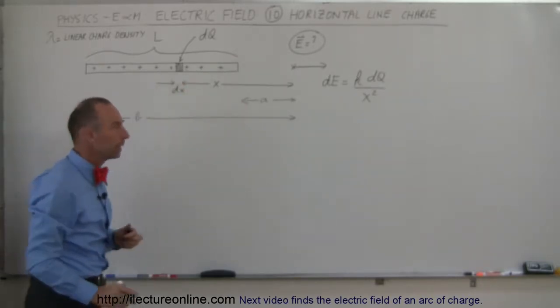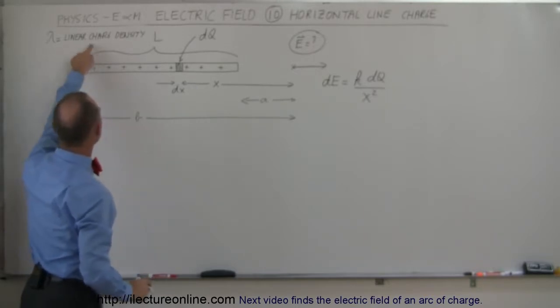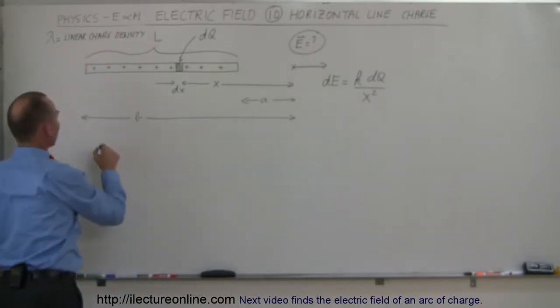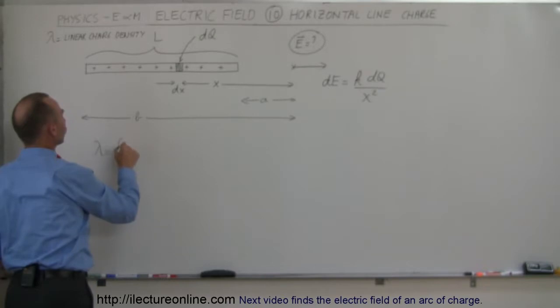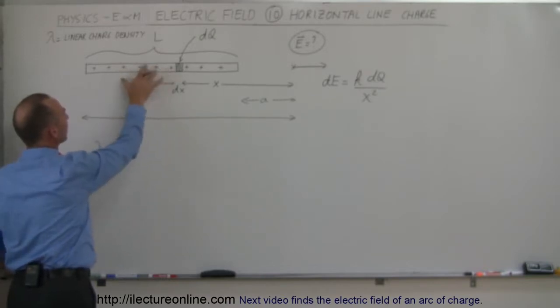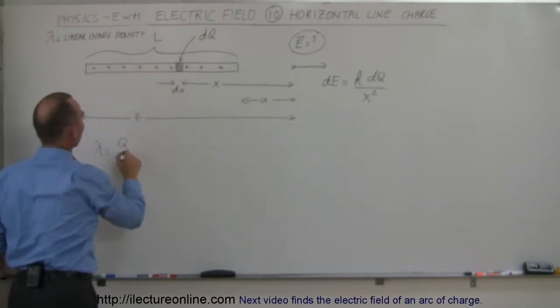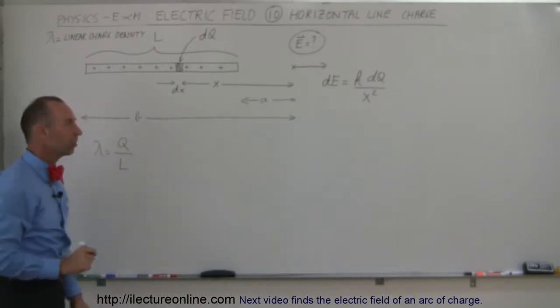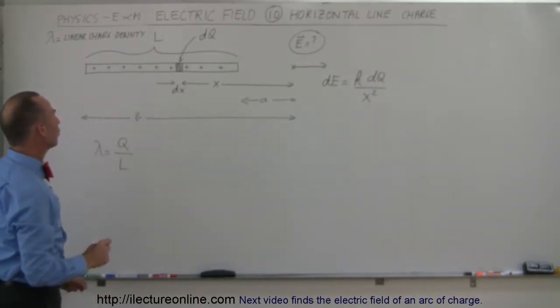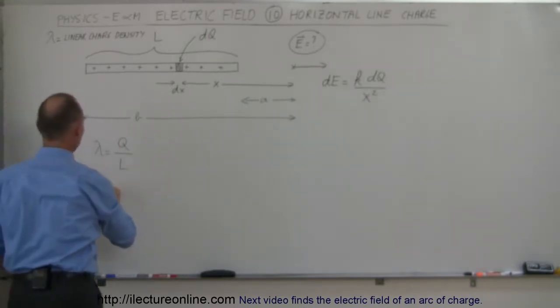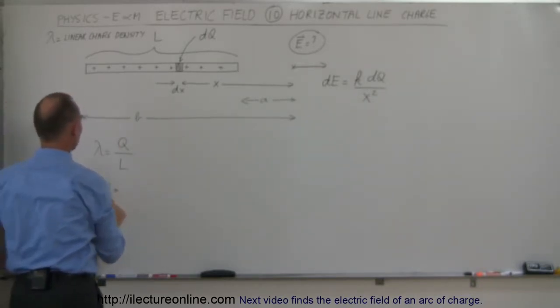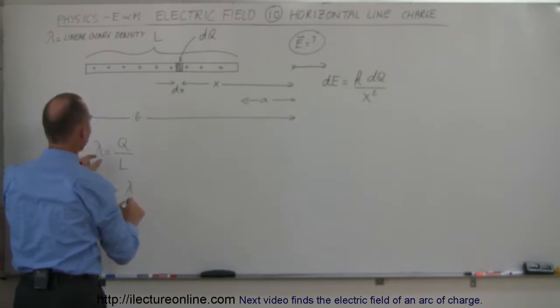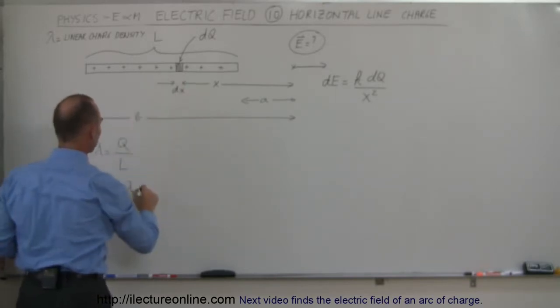So that would be the small amount of electric field at that location to the right caused by that small little segment. Now the linear charge density is lambda, and so lambda is equal to the total charge placed on the segment divided by the length L. So dq is equal to the linear charge density times the length of the segment, which would be dx.